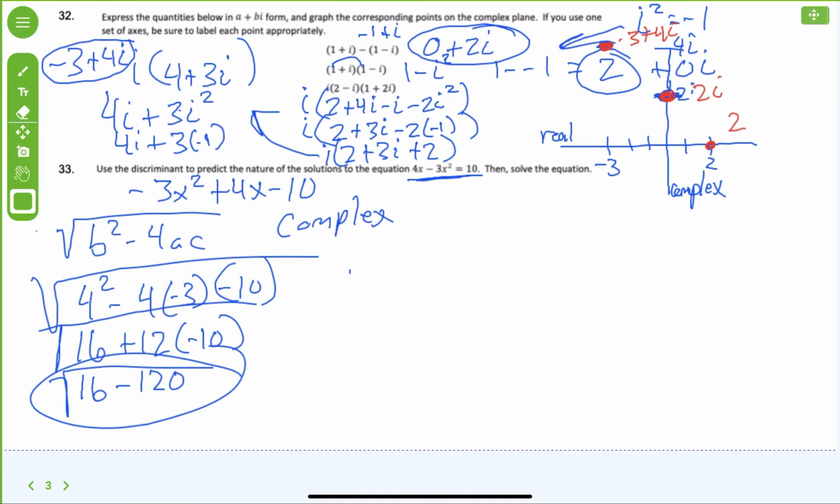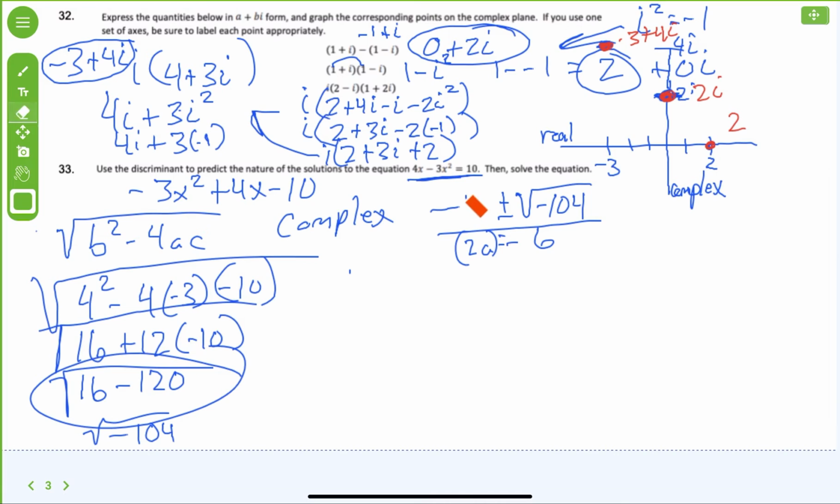Then it says solve. Okay, well, let's go ahead and do this. This is going to be a negative square root of a negative 104. So now we're going to do the opposite of b plus or minus the square root of 104 over 2a, which is a negative 6. 2a is equal to negative 6.